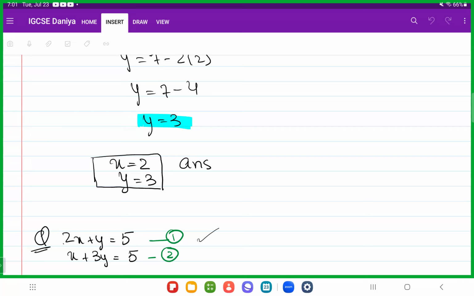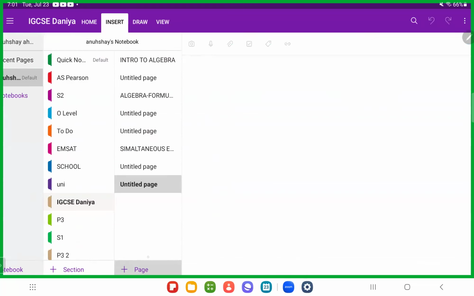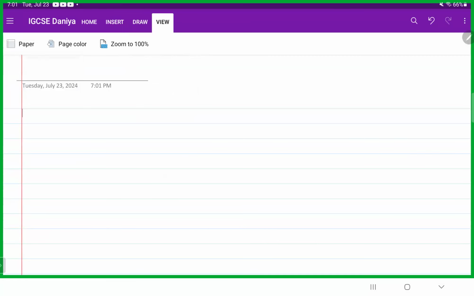So if you look at page 72, they have given us, let me just open another page for you guys. All right. So in your question, they will always mention a number.